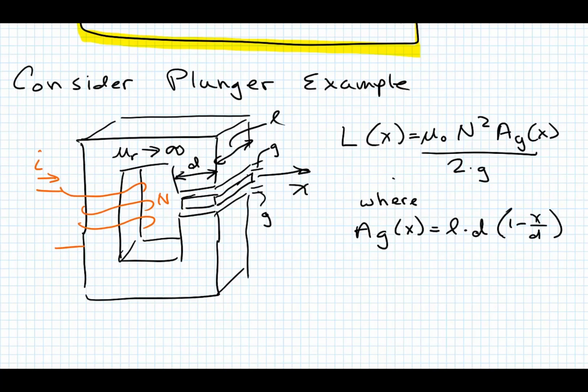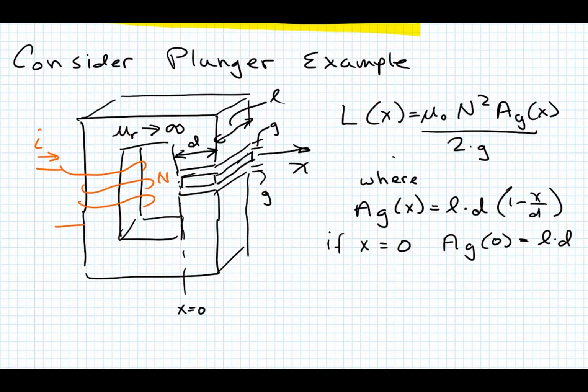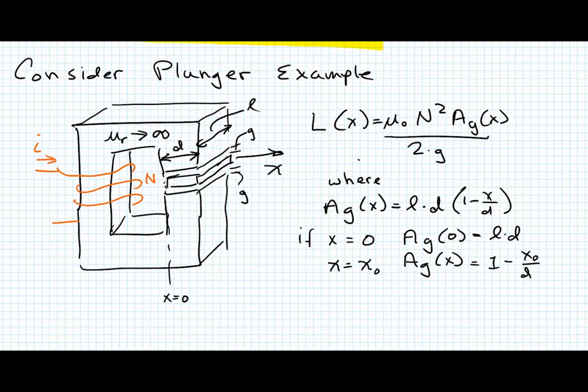That would tell us that if x equals 0, which means you're in the 0 position right here, the area of the gap at 0 is L times d. And if x is equal to any x position, I'll call it x naught, Ag of x is equal to 1 minus x position over d, times L times d.